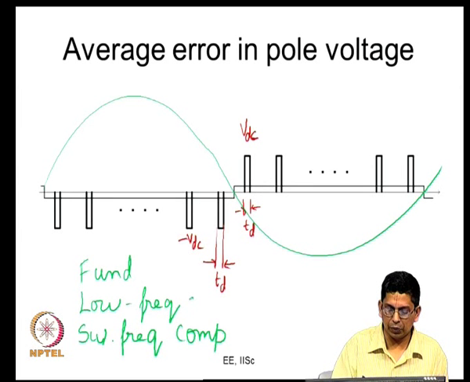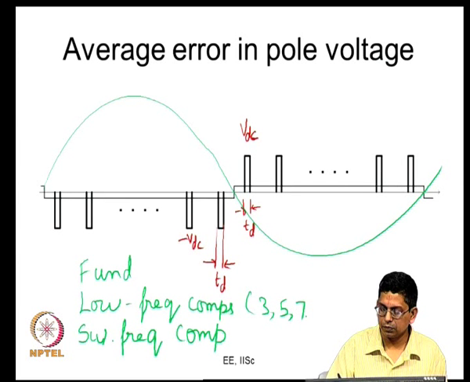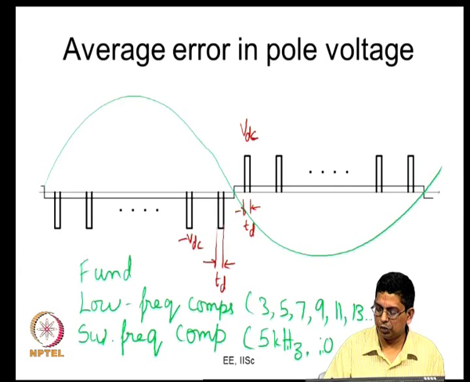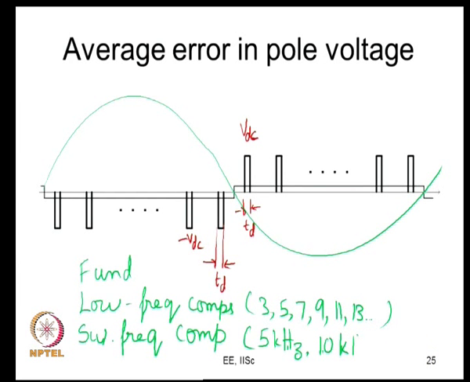There are various low frequency components, like the 3rd, 5th, 7th, 9th, 11th, 13th, etc., and here they are around the switching frequency. Let us say the switching frequency is 5 kilohertz; these may be around 5 kilohertz, around 10 kilohertz, not exactly 10 kilohertz, and so on and so forth.